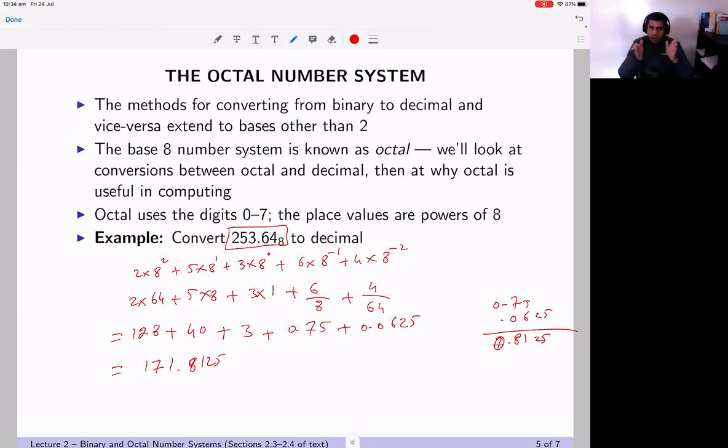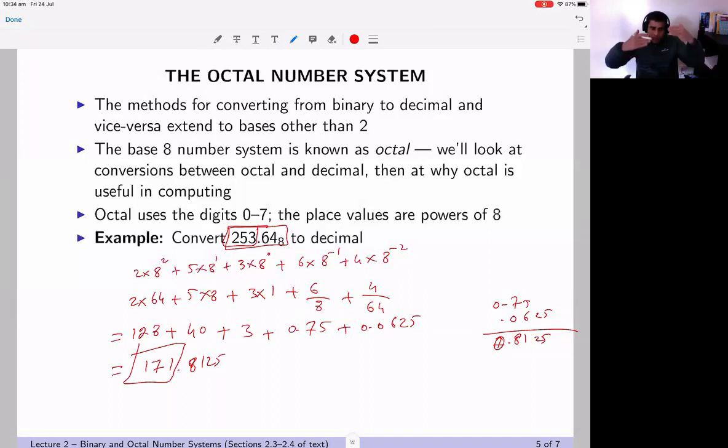Now you can see, I have expanded a number which was written in base 8, and when I rewrote it in base 10, 253 converted into 171.